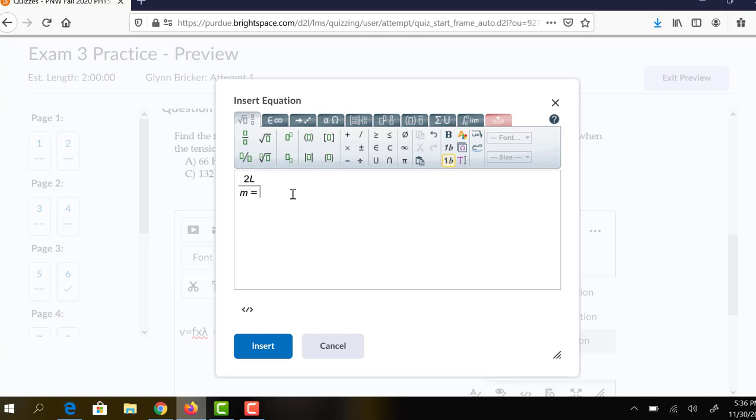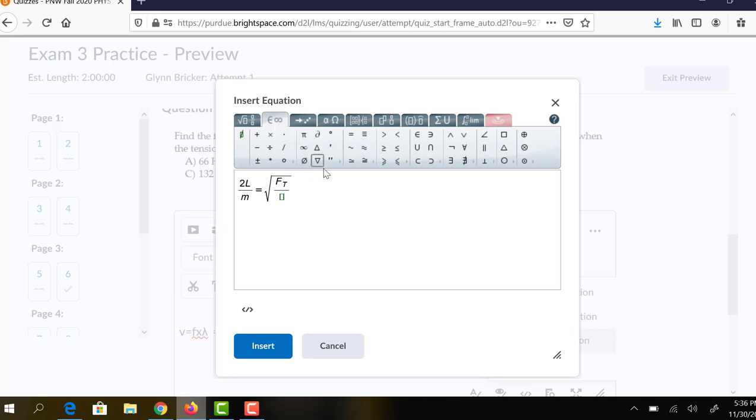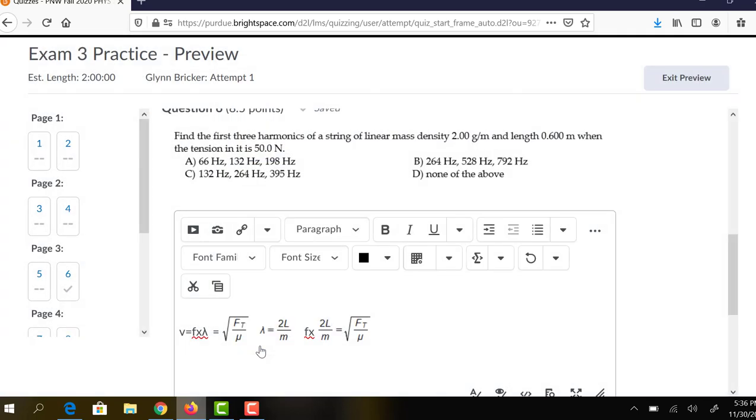And then that's equal to the square root of the tension, so force, with a subscript tension, divided by the mass per length. And I think it's over here maybe, yep. So unless you do this a lot, it's hard to even remember where all these things are, but I'm doing pretty good, I think. Okay, so frequency times 2L over m is the square root of the tension divided by the mass per length. And I'm trying to figure out the frequency.